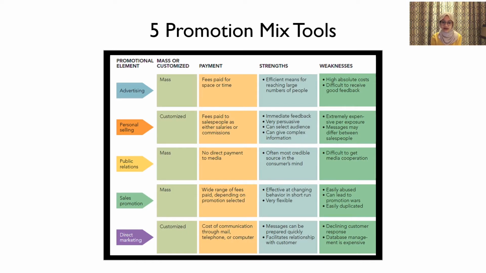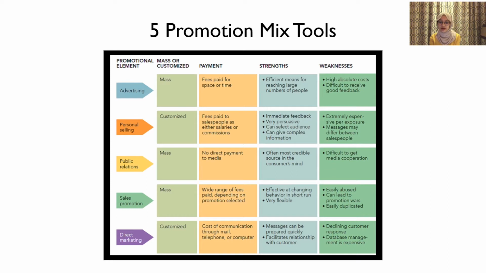It is customized. The payment is fees paid to salespeople as either salaries or commissions. It has immediate feedback, is very persuasive, can select the audience, and can give out complex information. It is extremely expensive per exposure, and the message may differ between each salesperson.